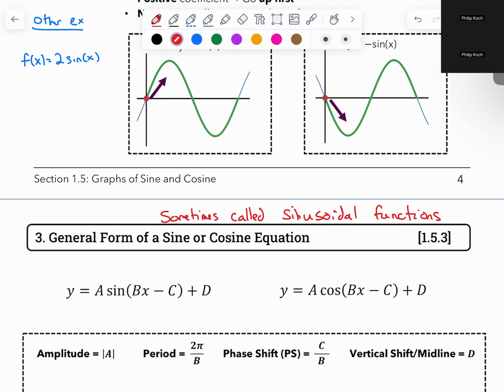But why not also cosinusoidal functions? Because as we saw, you can just shift it back and forth. So the general form would be a sine of bx plus or minus c plus d, and a cosine of bx minus c plus d.